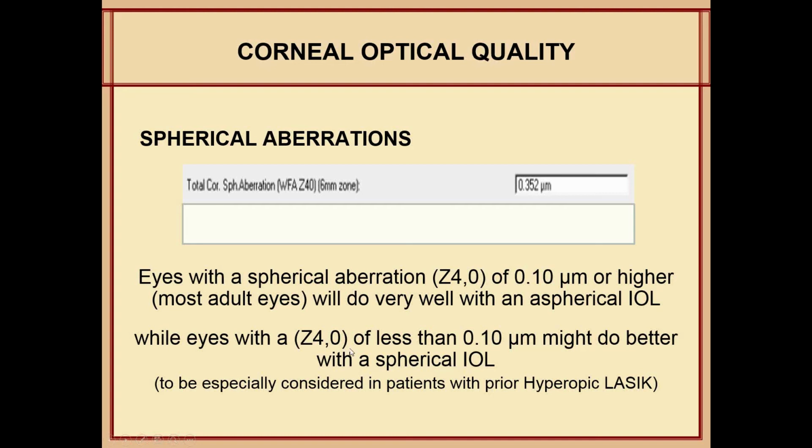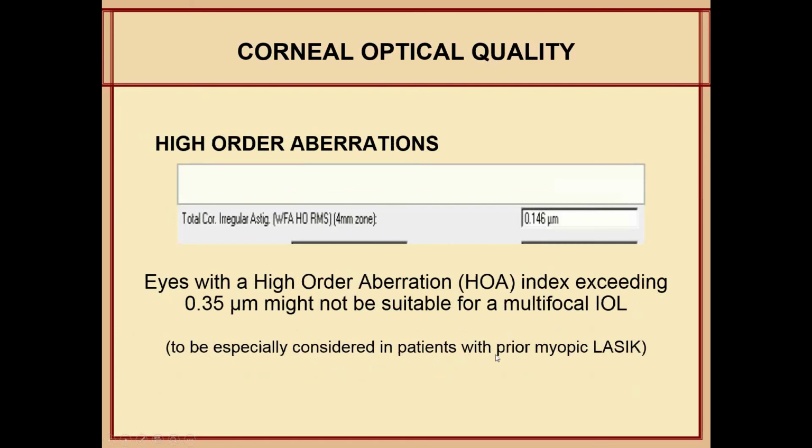However, if you have eyes with a spherical aberration of less than 0.1, they might do better with a spherical IOL. I see this basically in patients with prior hyperopic LASIK. So remember, in patients with prior hyperopic LASIK, the Pentacam can help you in determining the amount of spherical aberration and whether an aspherical implant will be helpful or not.